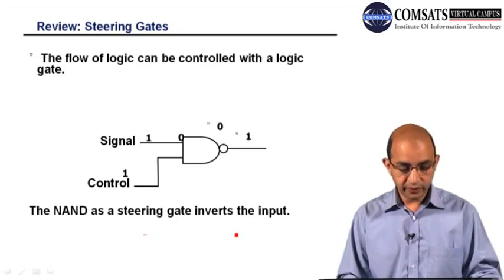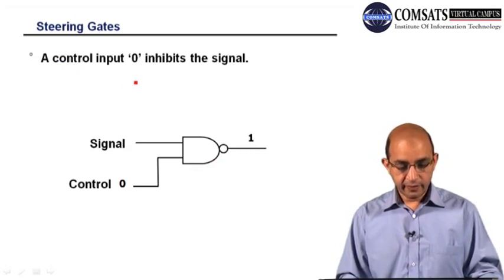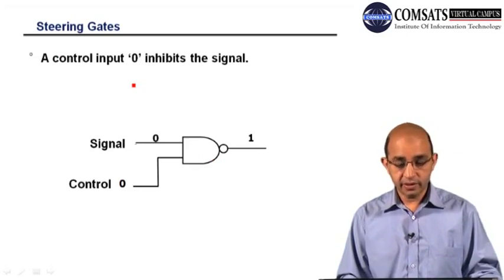You can see that we have a signal over here that is being inverted whenever we have a 1 over here. And whenever we have the control 0, you can see that the signal is passing to the output.